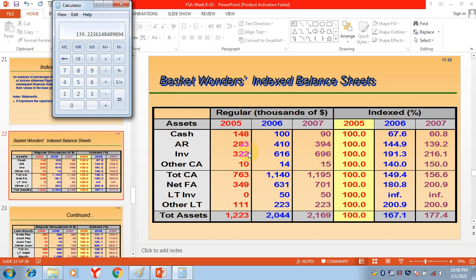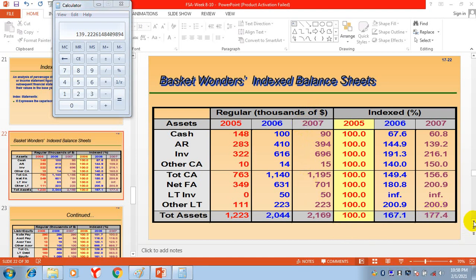Similarly, this divided by this: 15 divided by 10, 1195 divided by 763, 701 divided by 349, 50 divided by 0, 223 divided by 111 and 2169 divided by 1223. So in this way we will convert the balance sheet to percentages.